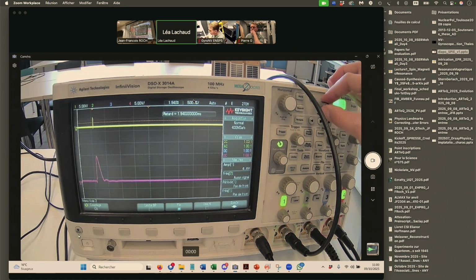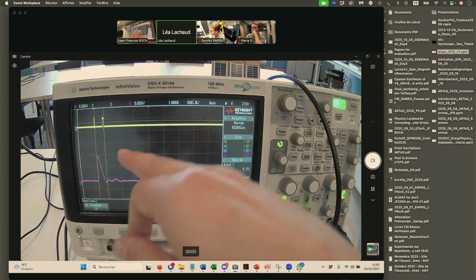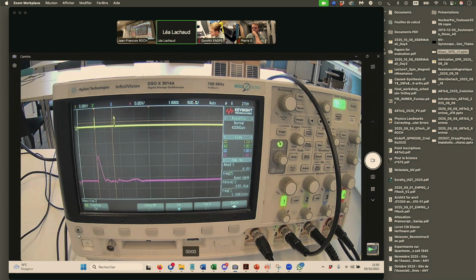So now I have a first pi-half pulse, and I can add a second one here at a controllable delay time, okay? For example, here, they are 1 millisecond far from each other, right?